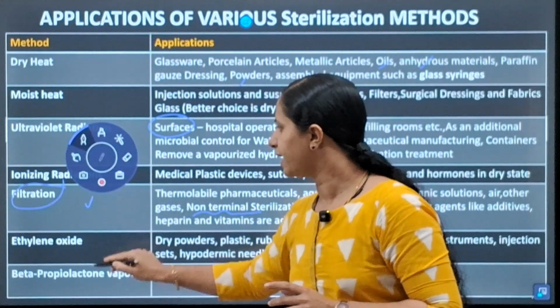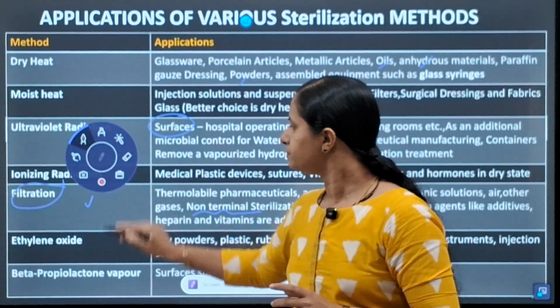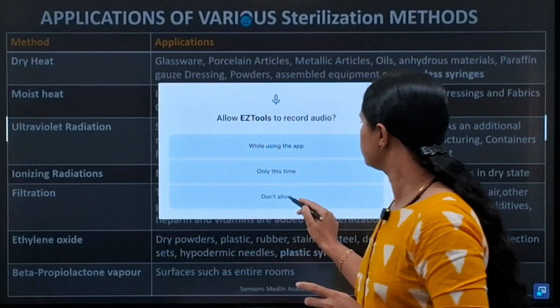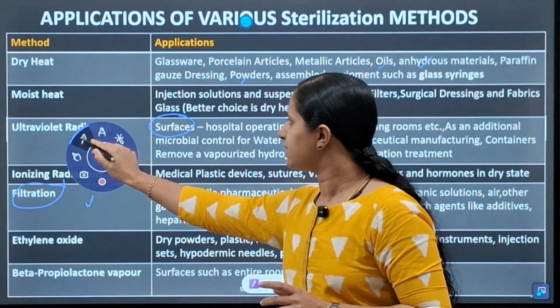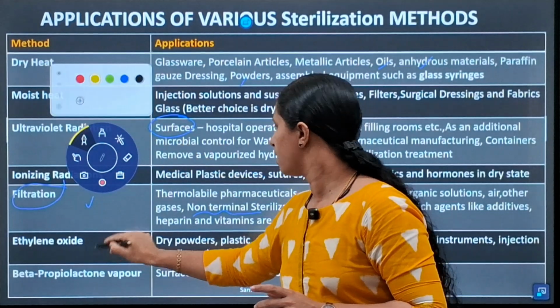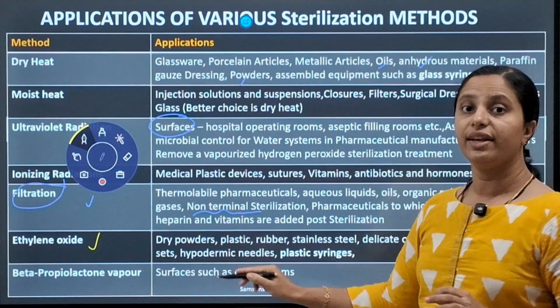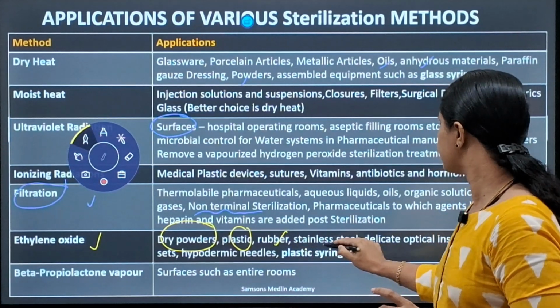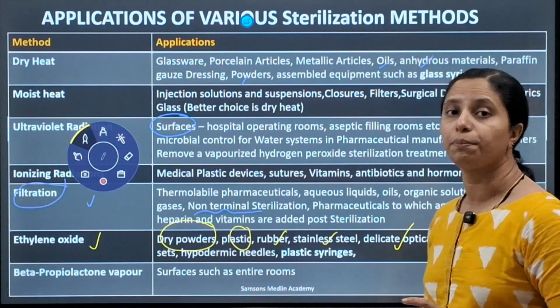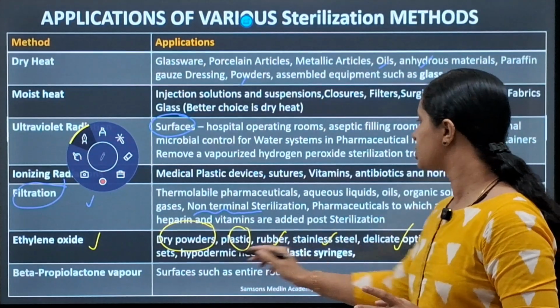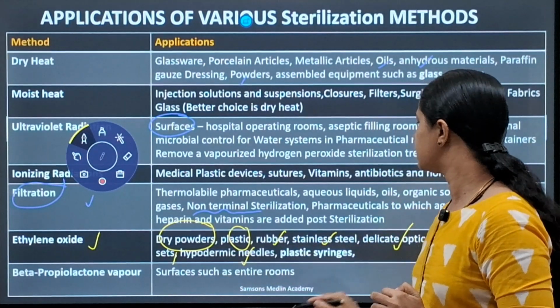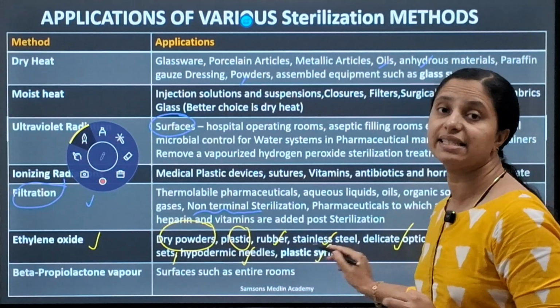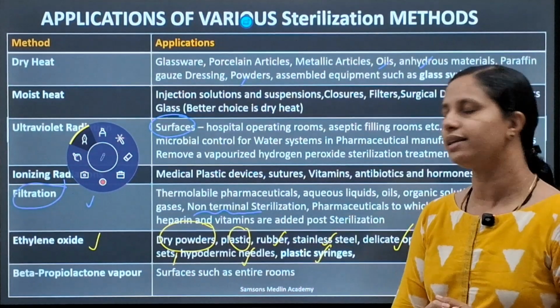Coming to ethylene oxide sterilization, we can sterilize dry powders, plastic, rubber, stainless steel, delicate optical instruments, injection sets, hypodermic needles, plastic syringes, etc. with ethylene oxide sterilization.